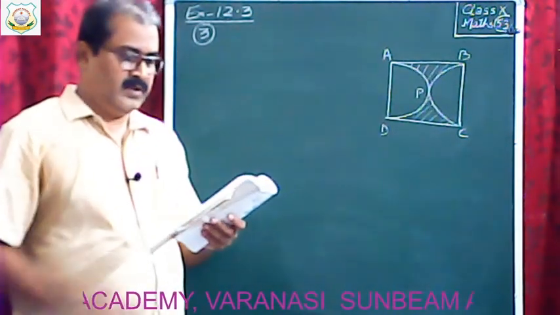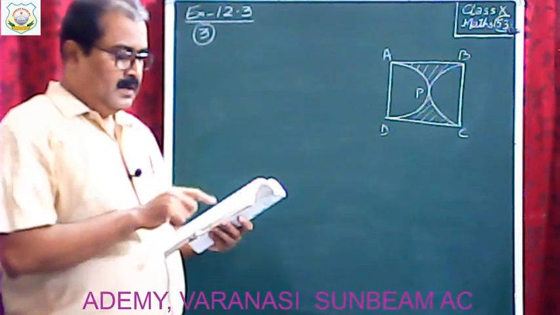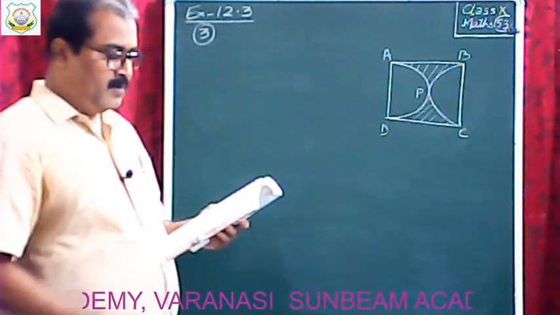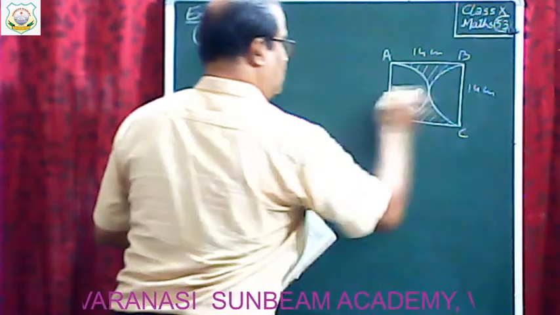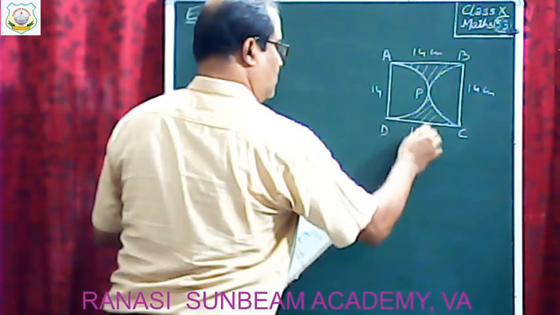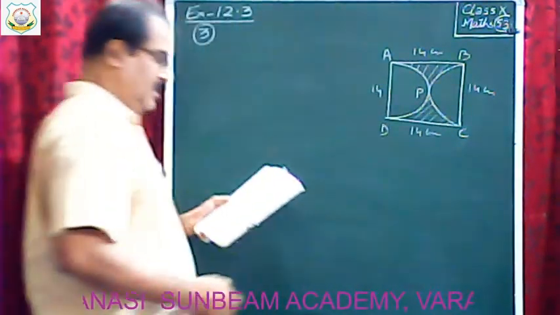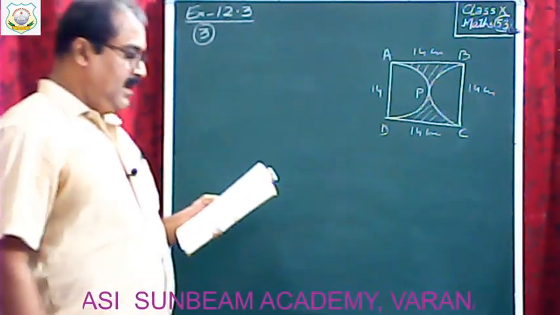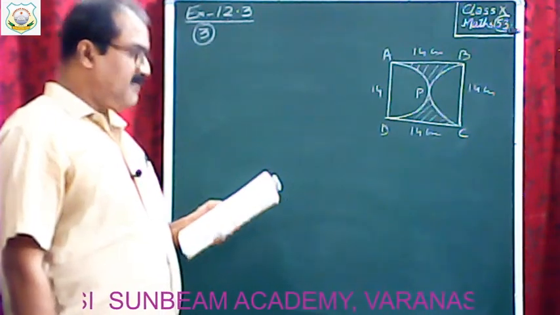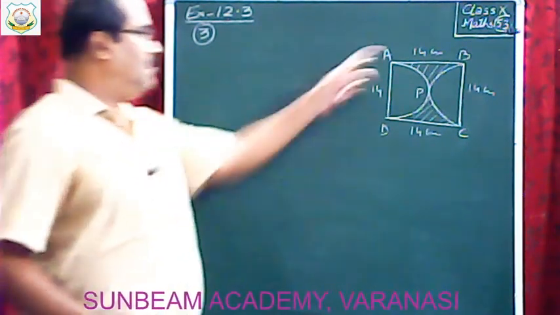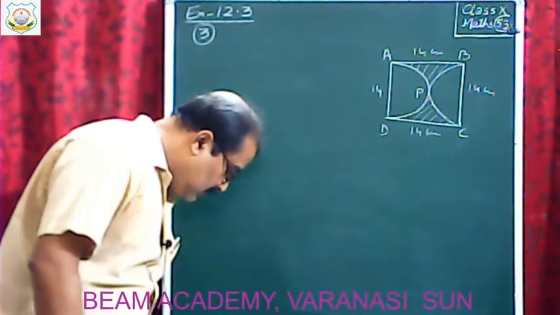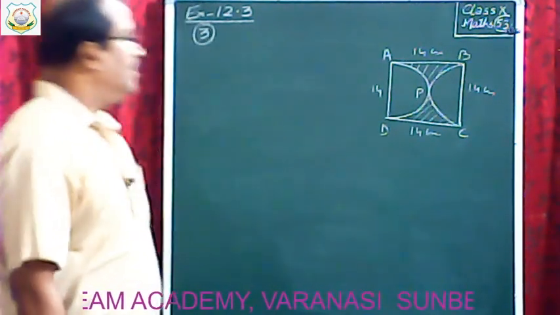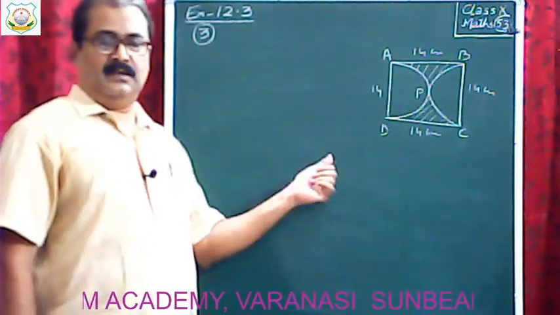Find the area of the shaded region if ABCD is a square of side 14 centimeter, and APD and BPC are semicircles. There are two semicircles. You have to find the area of the shaded region.